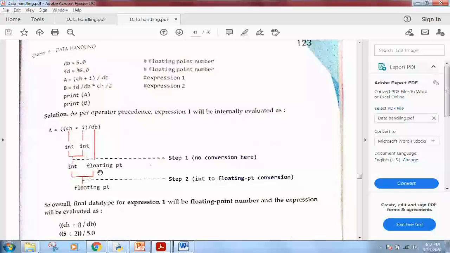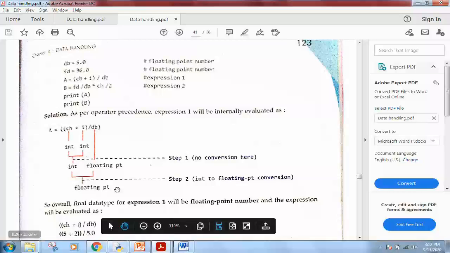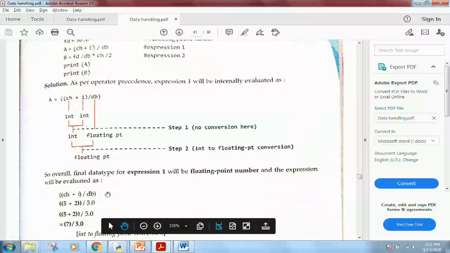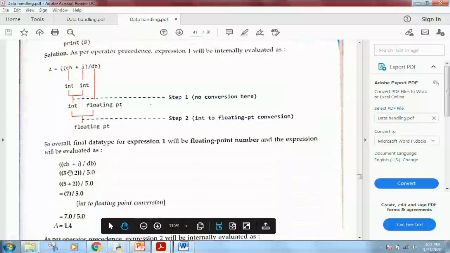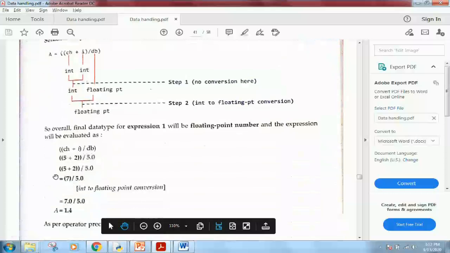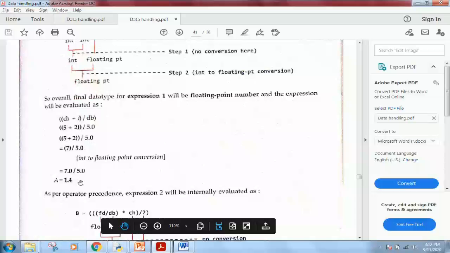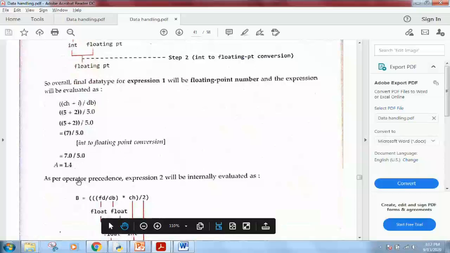Now one integer and one float will always give you the answer as a float. So the steps of the priority rule are followed and no internal conversions take place, except at this place where one integer and one float are divided, and the answer is always a float. Putting in the values of ch and i and solving step by step in the same process, we get the answer of a as a floating number.